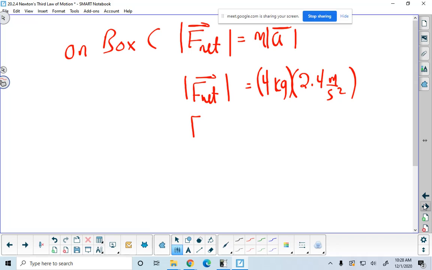So the net force on C is equal to 9.6 newtons.